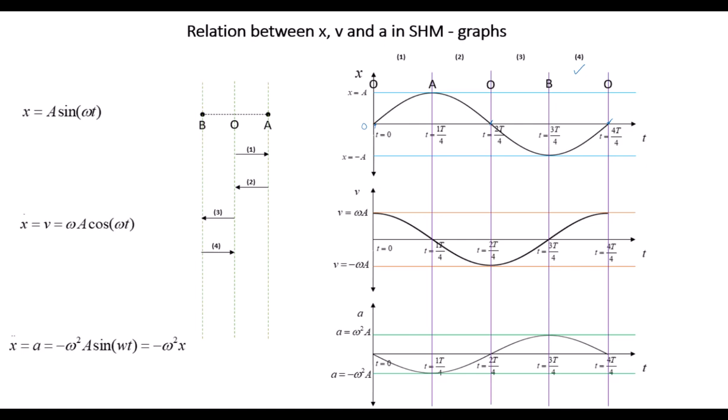The positive maximum displacement happens at time t equal to T over 4, and the value is given by x equals A, which is the amplitude. So it's x equals positive A, and the maximum amplitude in the negative direction happens at time t equal to 3T over 4 at the point B, and it is given by x equals negative A.